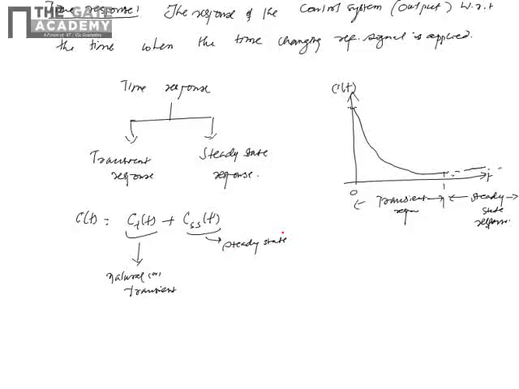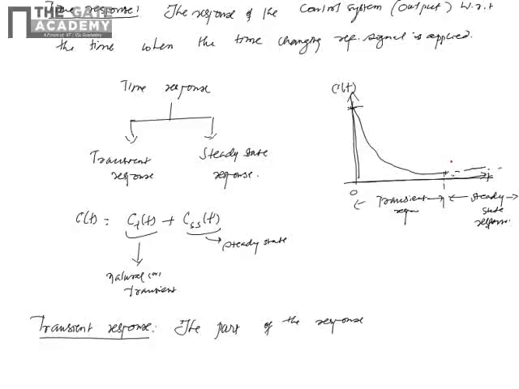Okay, what is the transient response? We have seen it already from the graphical point of view. The transient response means the part of the response of the system when Ct of t becomes 0 as time becomes large.